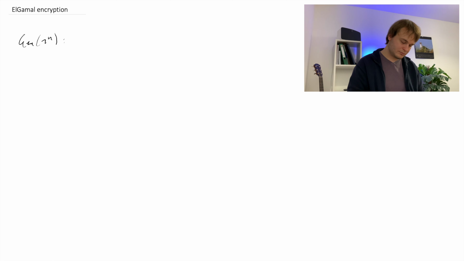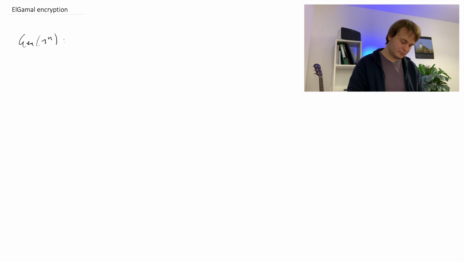Our secret key will be a random exponent, and our public key will be G to this random exponent. Then to encrypt the message, I basically do the same thing as we usually do. We take the message and we blind it with some random value.